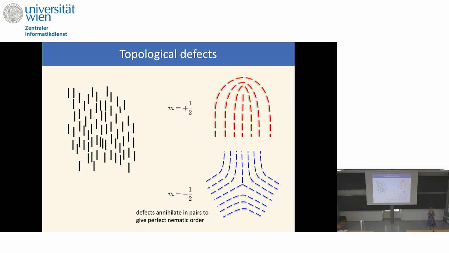In 2 dimensions, which is where we're going to be mostly, the important topological defects is this red one, which looks like a comet, and that has a topological charge plus a half, and this blue one, which has this threefold symmetry, and that has a topological charge minus a half.